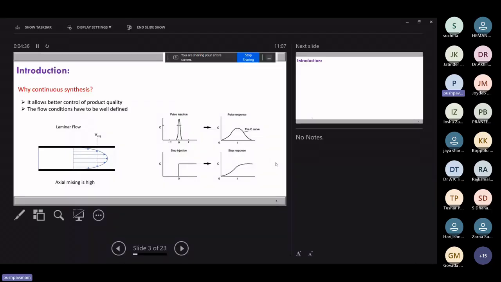And in the laminar flow reactor, which you see, you have the velocity profile which is parabolic. As far as the reaction is concerned, you add the silver nitrate, which is called the precursor, and then you add a reducing agent, which is something like sodium borohydride, the one which is going to reduce the silver ion to silver nanoparticle.